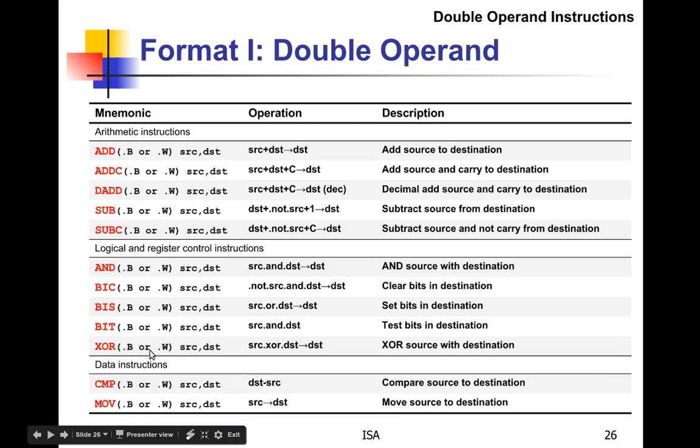And then XOR, which XORs bit by bit between source and destination and puts it in the destination. Then we have data instructions. Compare is basically to compare source and destination. It does a subtraction. Is there any difference? And move, source to destination. So those are format 1 double operand instructions.